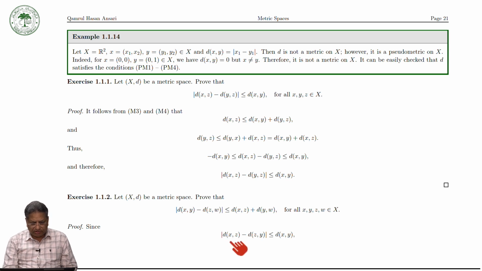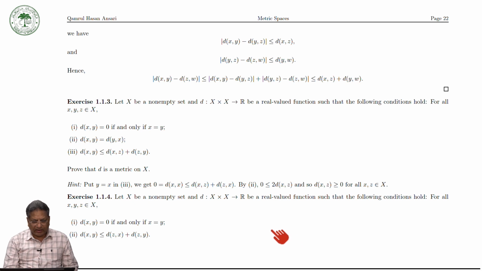We have seen here that dxz minus dzy is less than or equal to dxy, and of course we can also have this one and these two, and now we can combine these two things and we will have the result. So it is a very simple way.